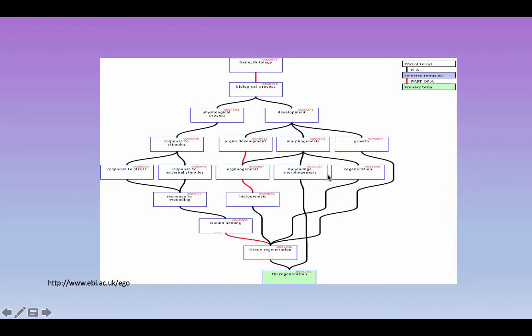All of these different components have these types of relationships. So every time we see a black arrow to the parent term, we could say tissue regeneration is regeneration, tissue regeneration is growth, appendage morphogenesis is morphogenesis. These are all the ways that we can define these different relationships.